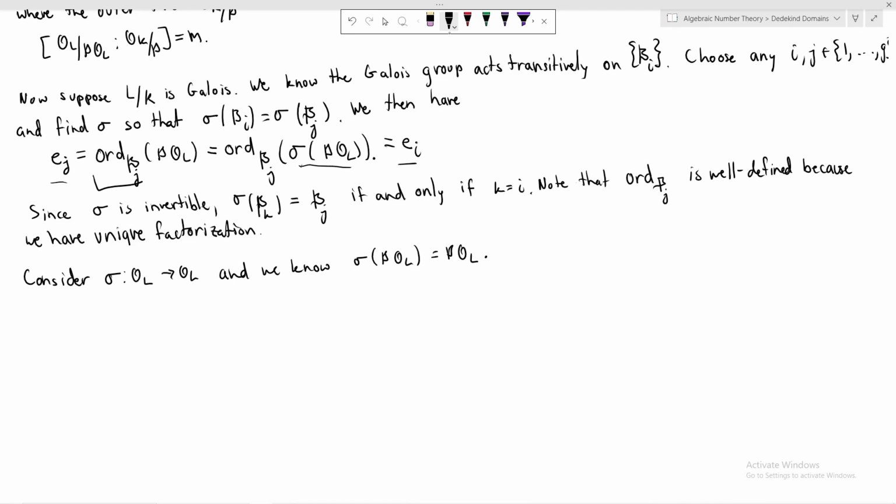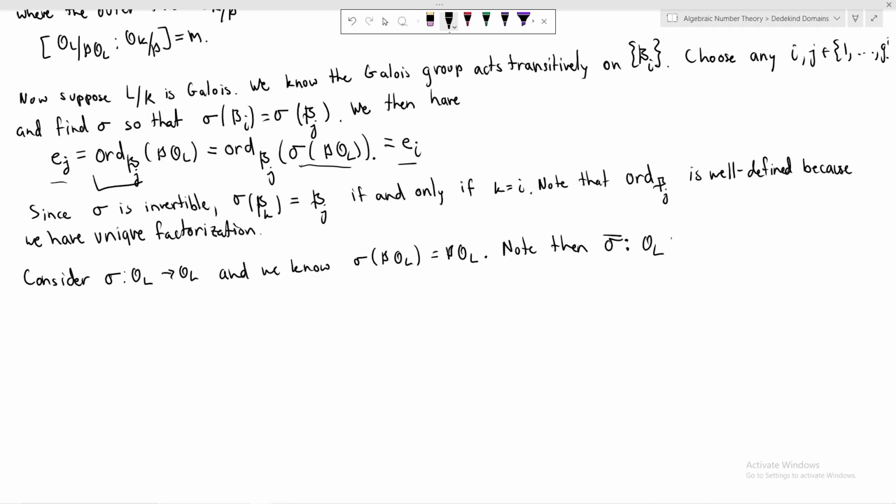Sorry, I actually don't need this fact. I don't know why I repeated it.